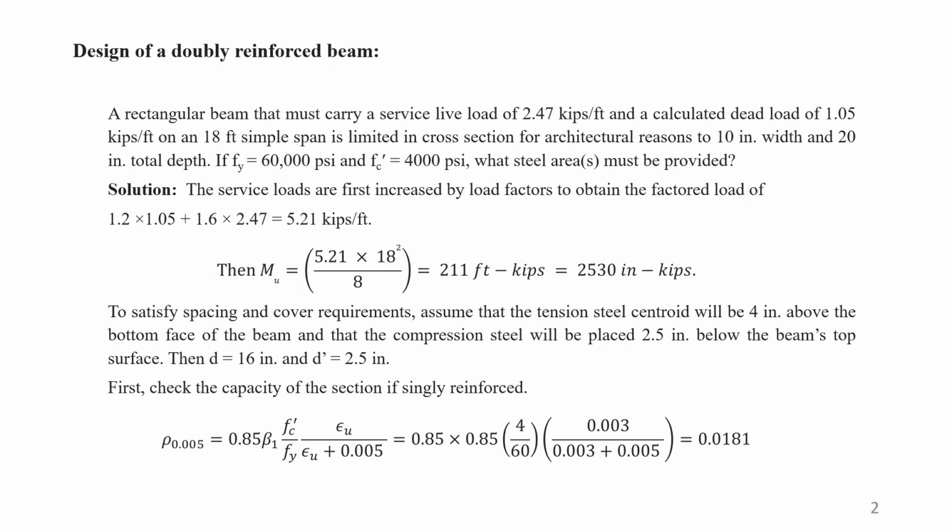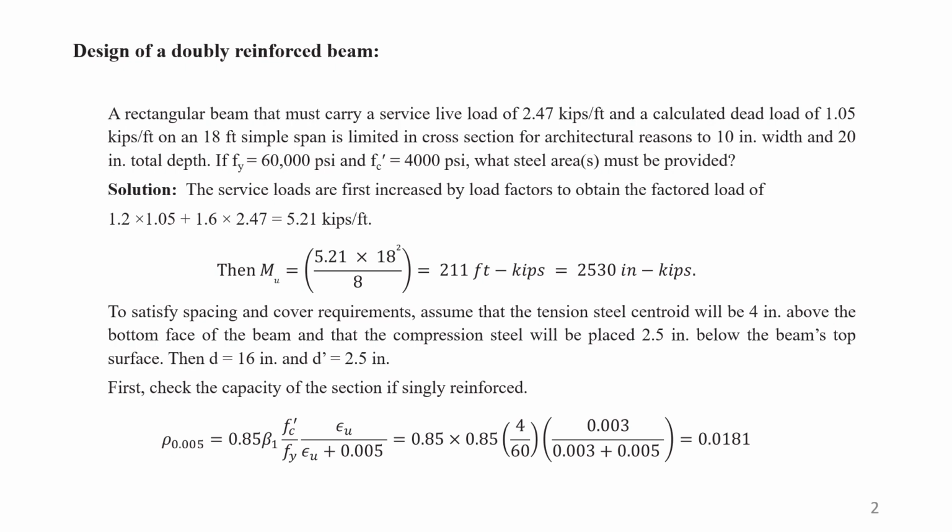Now we will introduce a problem here, and the problem first of all will give the loads and span of the problem and the material properties, etc. And it is written in this text that we have to use a live load of 2.47 kips per feet and a dead load of 1.05 kip per feet, and the span of the beam is 18 feet.